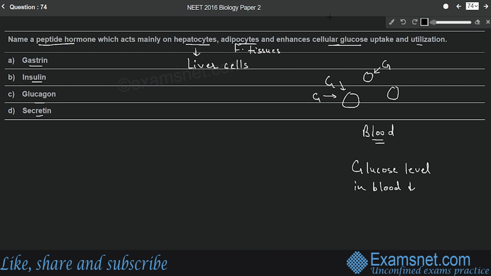And which hormone causes decrease in blood glucose level? Insulin. Okay, so the correct answer will be option number B. The glucagon enhances, or increases, the blood glucose level. So the correct option is option number B.